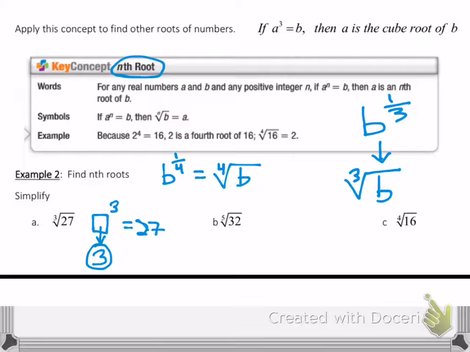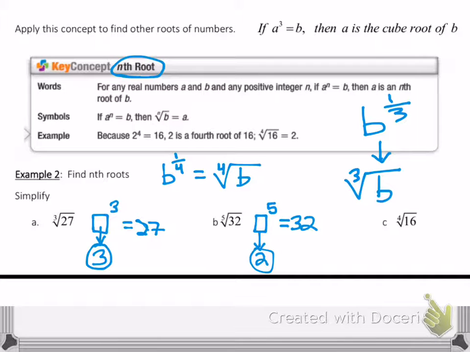So the cube root of 27 is 3. For letter B, you have the 5th root of 32, meaning there's some number being multiplied by itself 5 times to get an answer of 32. Take a minute to try and think of what that would be. That number would be 2.